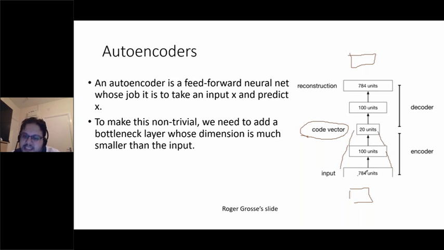We went from this to this. From 784 to only 20. And then started to do the opposite. The autoencoder is able to reproduce this from this. It is able to take these 20 elements and make them 784, the same as here, exactly the same.